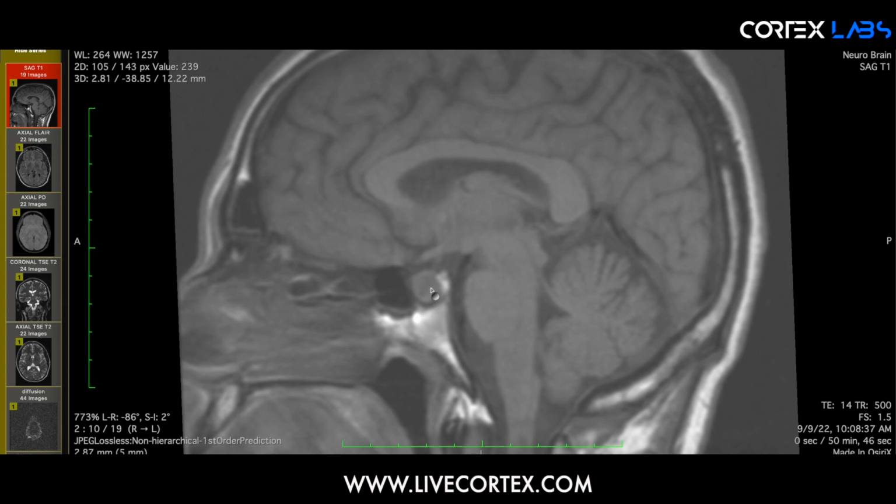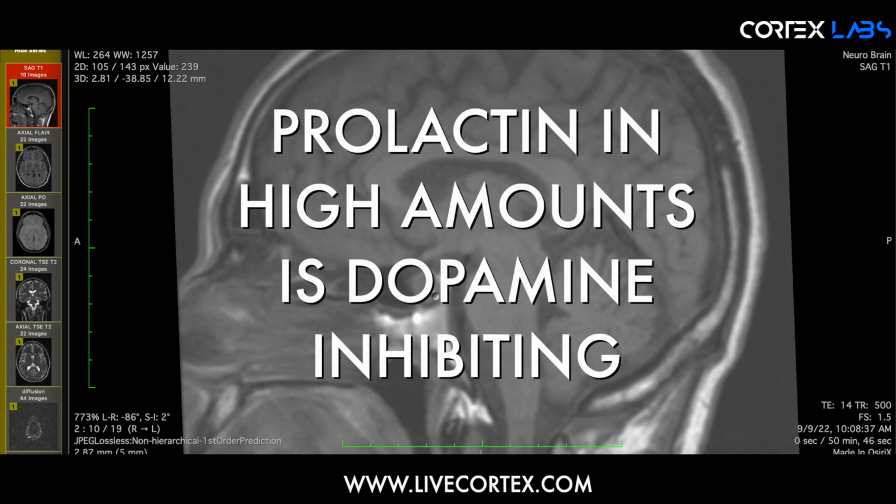Now, high levels of prolactin also inhibit dopamine. Okay, they inhibit dopaminergic function, particularly in the pituitary gland, but also in other regions of the brain, but only at exceptionally high levels.